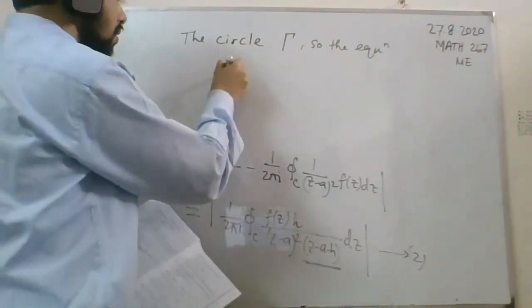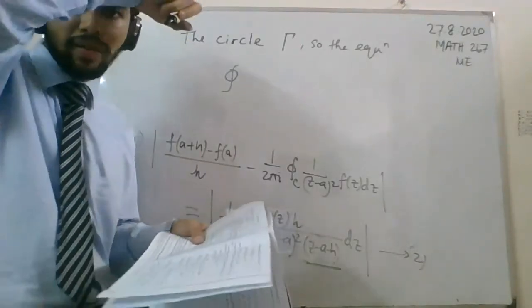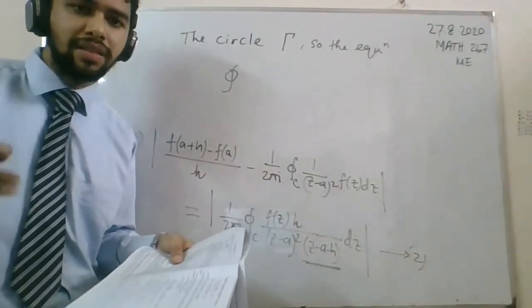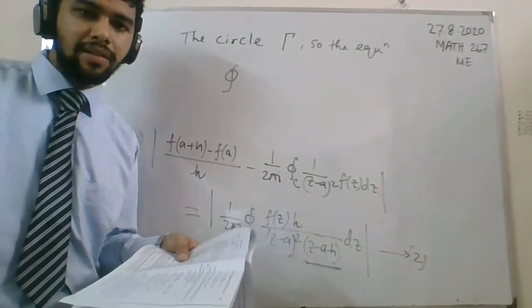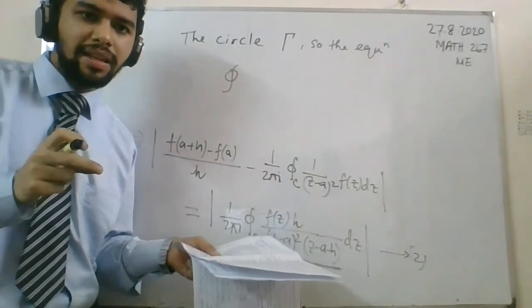The line was modulus of z minus a equals r. Modulus of z minus a equals r if the circle declares gamma, where a is the center and r is the radius.